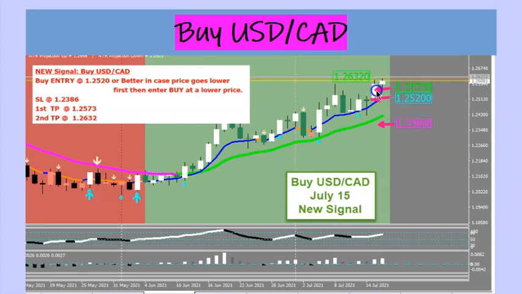And you can see after I sent out the new email trade signal, price went up indeed quite a bit. And the next day, the last trading day of this week, it went up even higher. So we're just short of hitting the second take profit target. With this candle for sure, though, we did hit the first take profit target of 125.73.